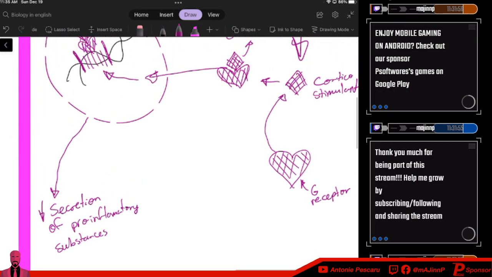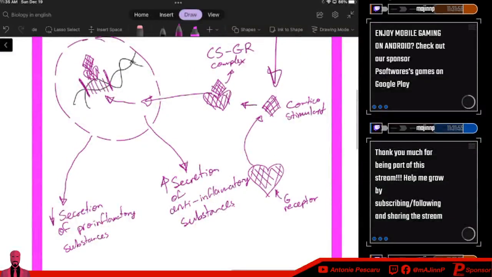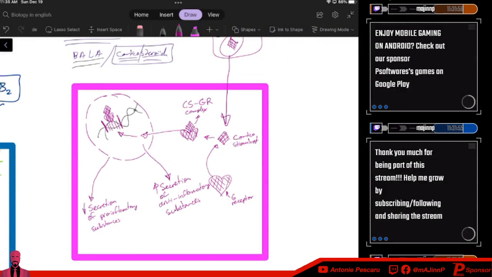The second thing it's going to do, it's going to stimulate the secretion of anti-inflammatory substances. And it's as simple as that. That's what your corticosteroid is going to do, which is going to reduce the inflammation of our patient's symptoms.